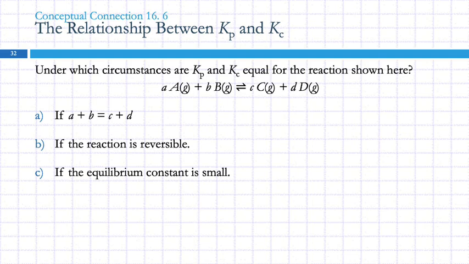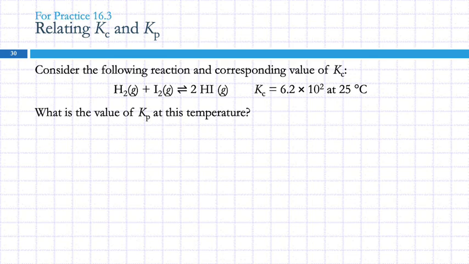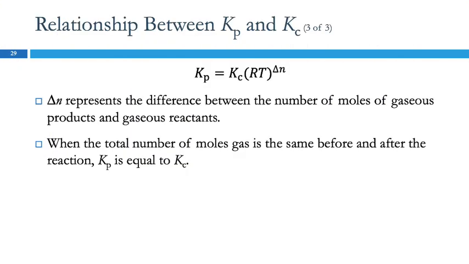Okay, so here's a question. Under which circumstances are Kp and Kc equal for our generic equation here? If A plus B equals C plus D, if the reaction is reversible, or if the equilibrium constant is small. Well, this is what we talked about.